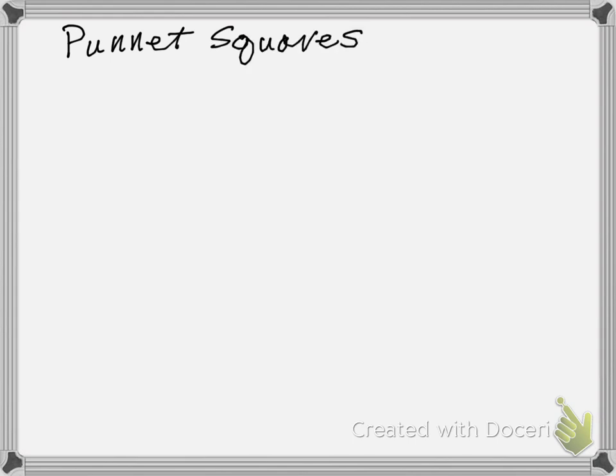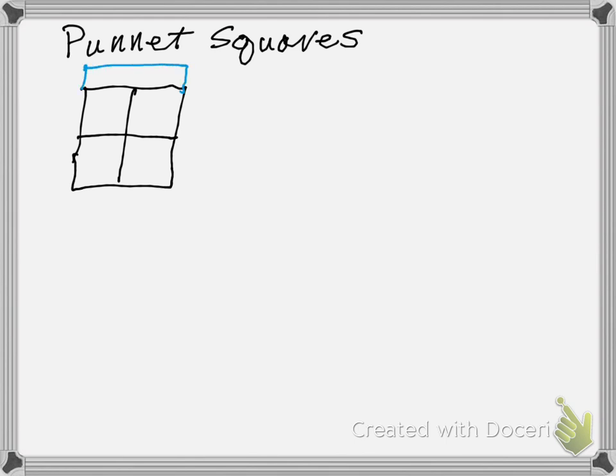You can write this on the blank side, the back of the previous tab, so that your two things are together. So these are Punnett squares. What happens is you draw a square and you divide it into four little sections. You've got one parent up here on top. We'll call that parent 1 right there.